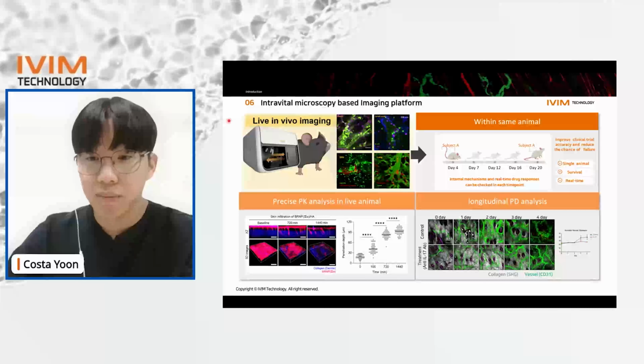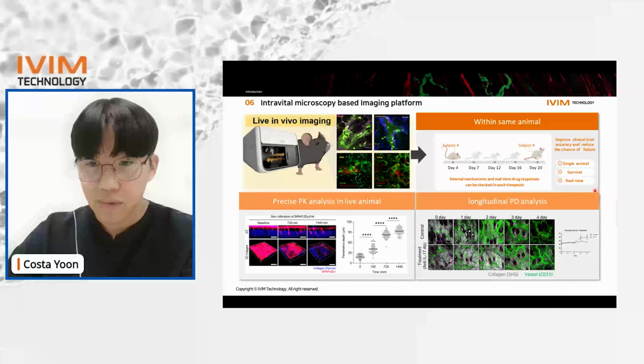So, intravital microscopy is a high-resolution technique that enables cellular-level visualization in living animals. Because the same animal can be imaged repeatedly over time, longitudinal studies can be performed in the same animal, which allows us to minimize inter-animal variability and evaluate treatment responses more consistently.